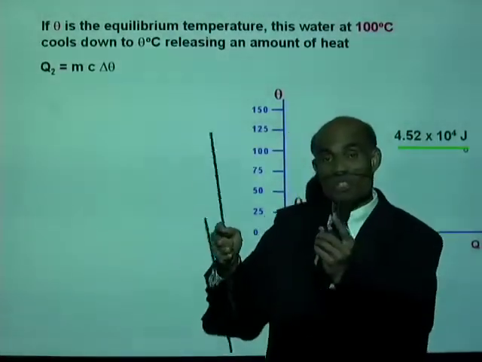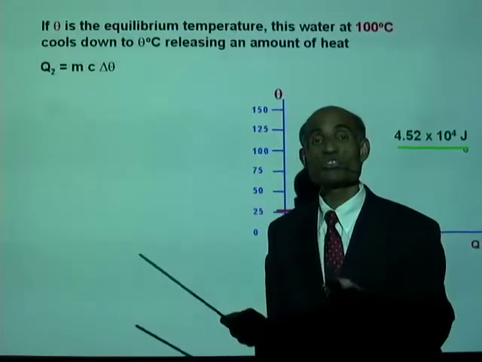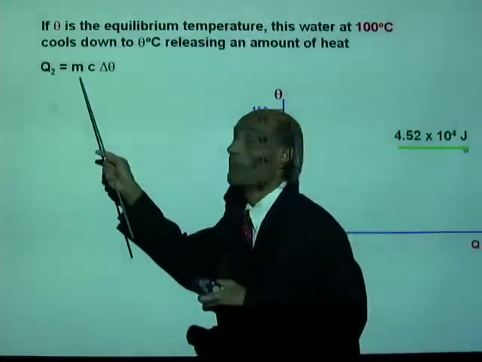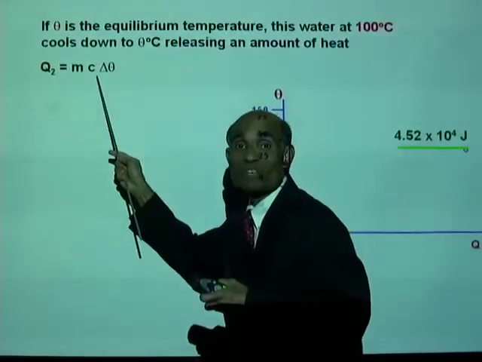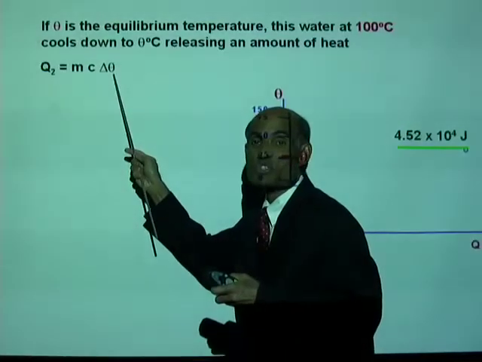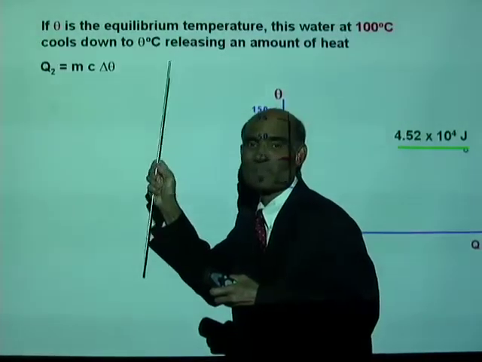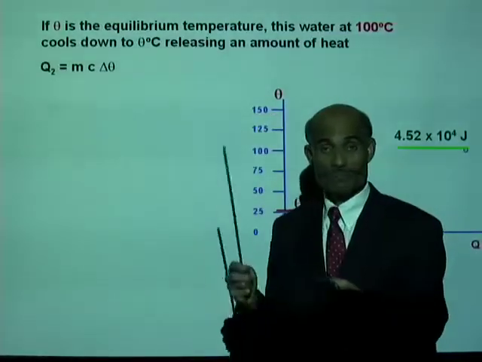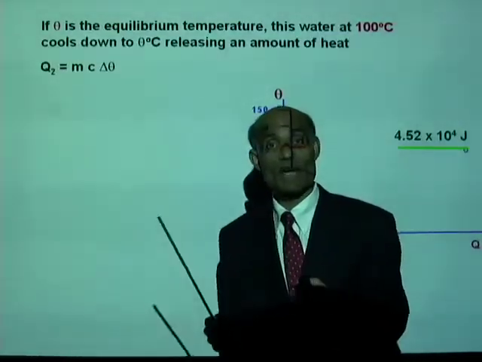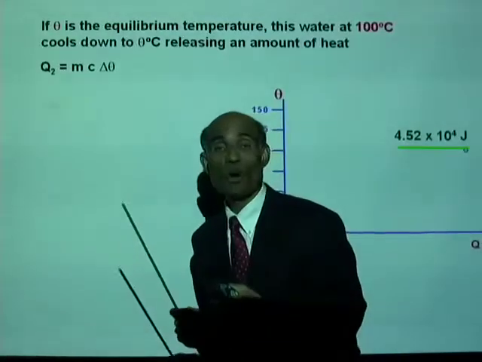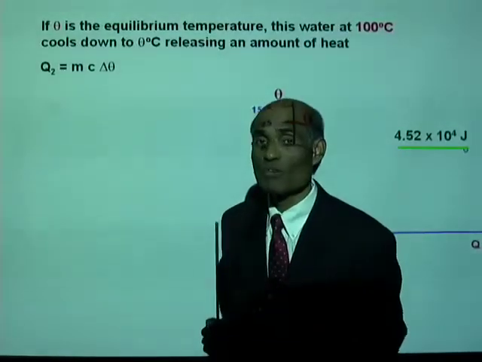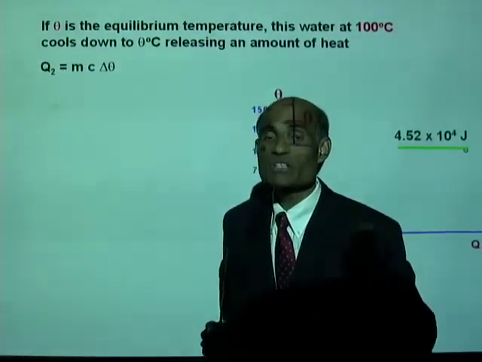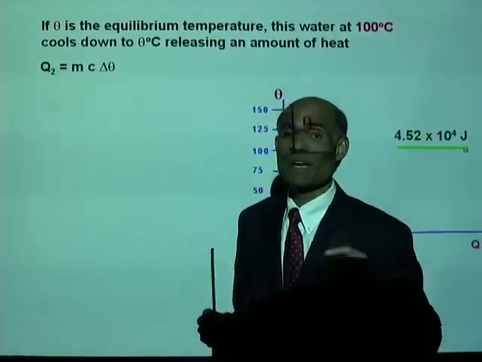See, this time there is a change in temperature. What is the amount of heat released? Mass times specific heat of water times the change in temperature. Well, mass is 20 grams, that is 0.02 kilogram. Specific heat of water is 4180 joules per kilogram per Kelvin.